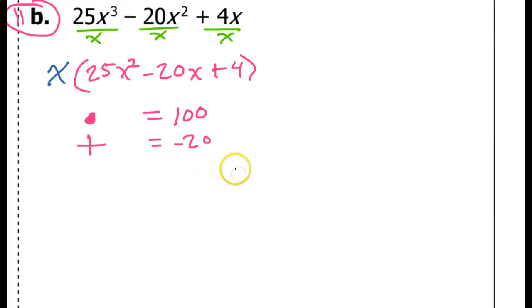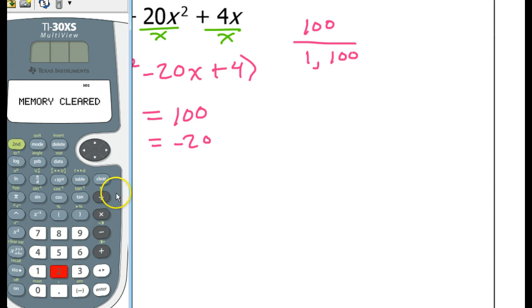Okay, every now and then you get a large number for the product. And if you're afraid you might miss a number when you make your chart, that's why you would do the calculator trick that I'm about to show you. The calculator will basically make the table for you. So you know how we always make this table starting with the product, and we start off with 1 times the number and then we go from there. So here's how the calculator will do it for you. If you hit the table button and then you type in the number divided by x, so I'm going to go 100 divided by x.